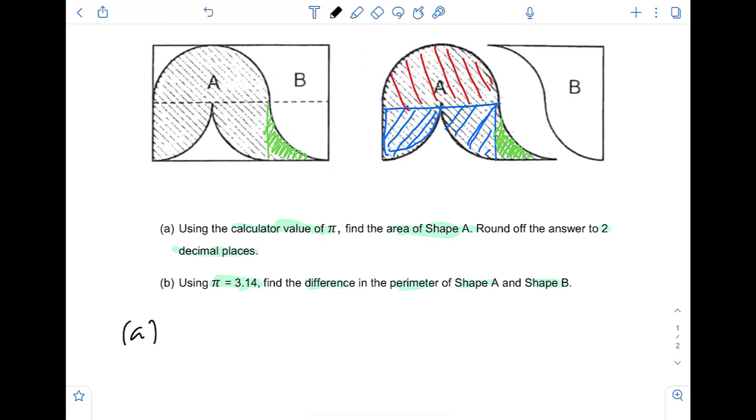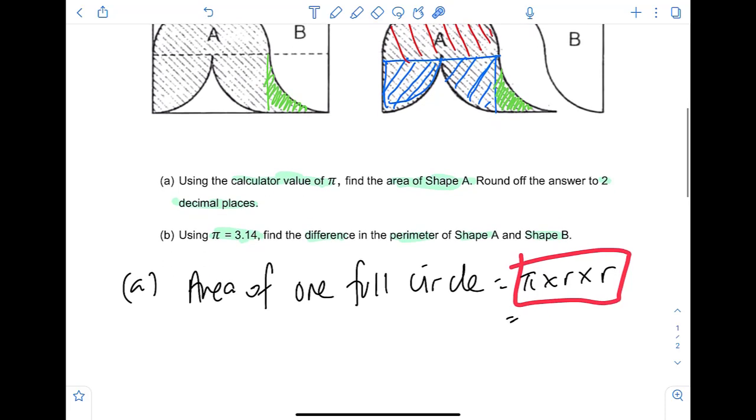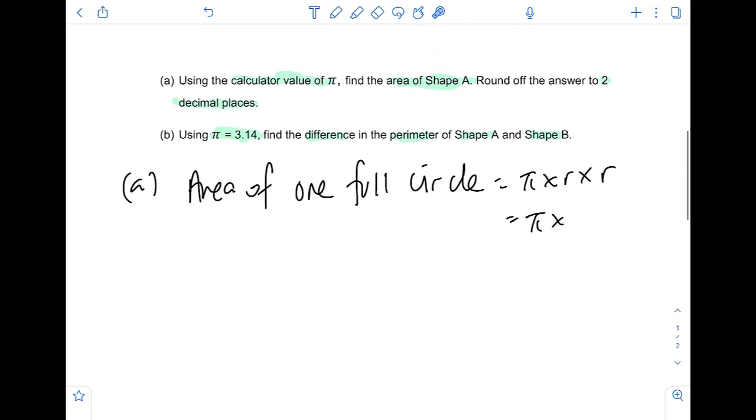Part A. Area of one full circle will be equals to pi times radius times radius. This is a secret formula to find the area of a circle. So pi times the radius, which is given to us as 10. Pi times 10 times 10.